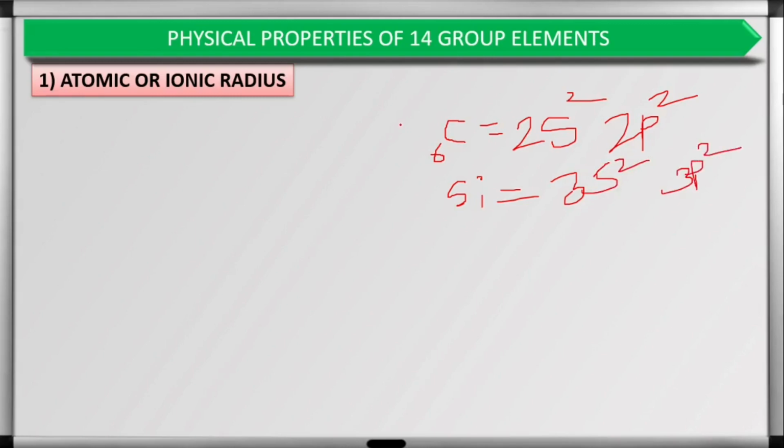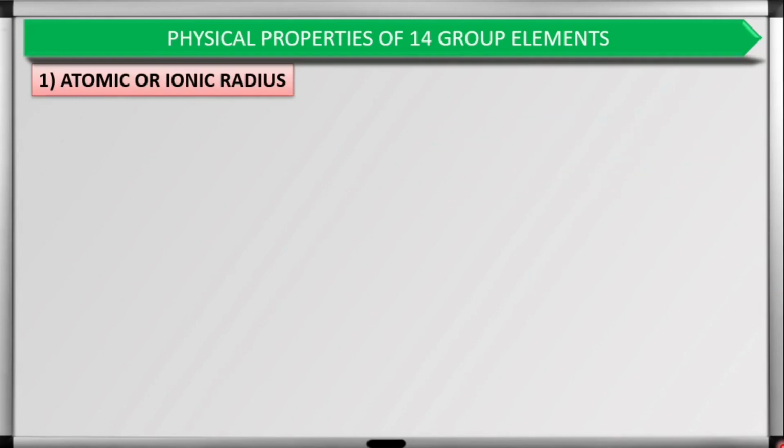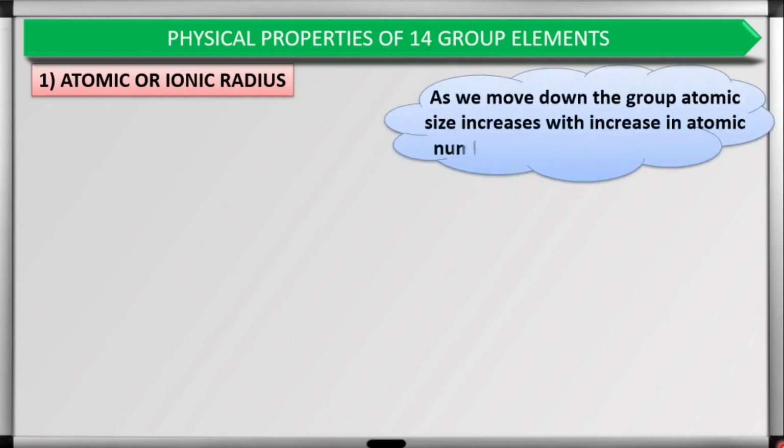So from the electronic configuration we can observe that carbon shows 2s2 2p2, means carbon has 2 shells, and silicon has 3 shells, means 3s2 3p2. And as we move down from carbon to lead, the shells increase. So that's why the atomic size and atomic radius increase.